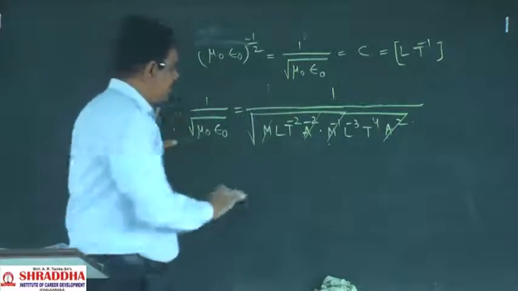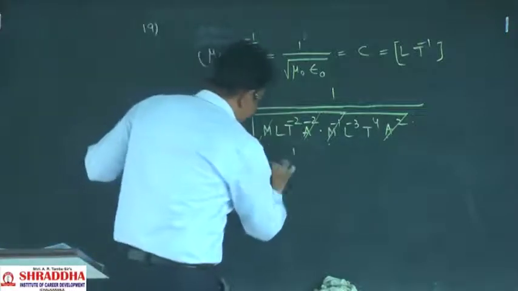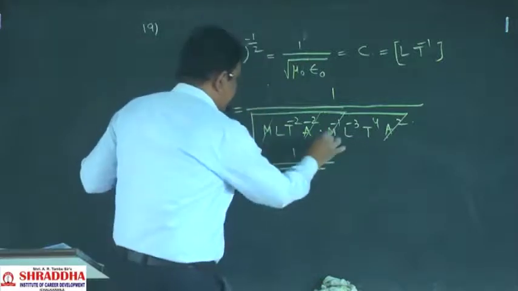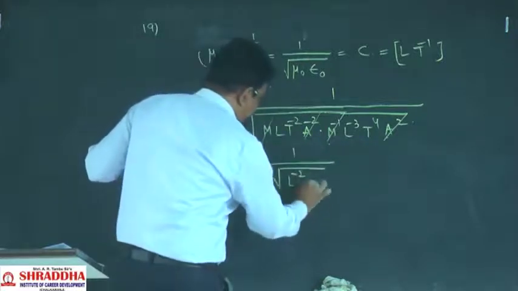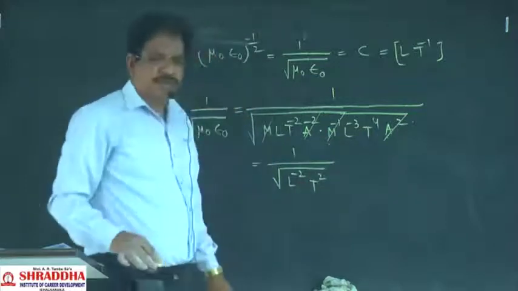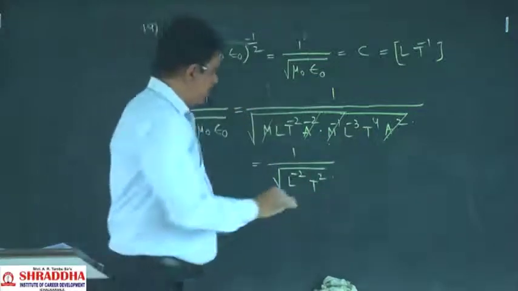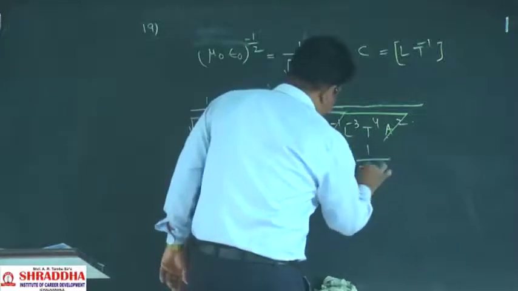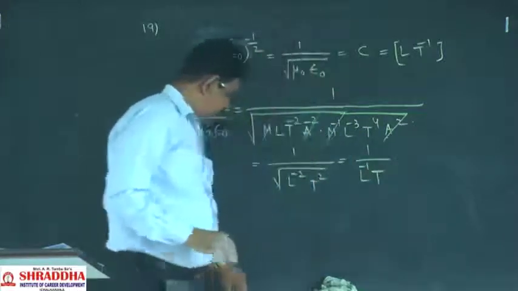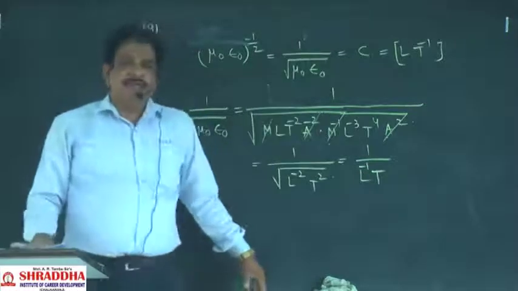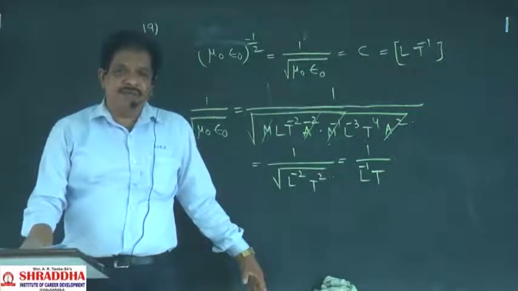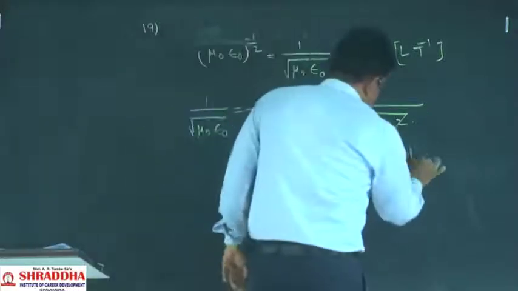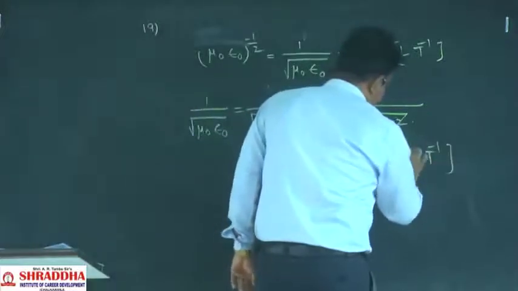Then what we will get here, 1 by square root of L power minus 2 T square. If you remove this square root, L power minus 1 T, so this value is L T power minus 1.